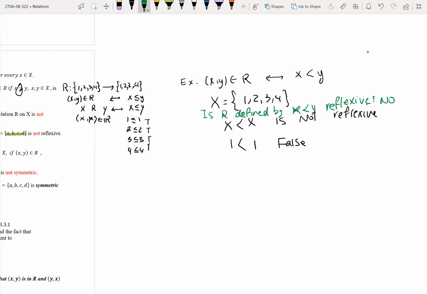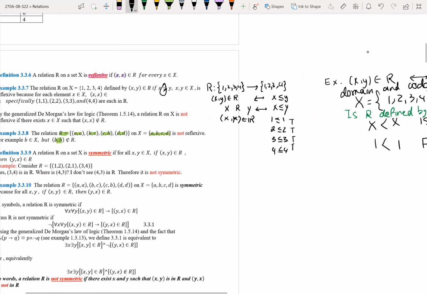I'm just a little bit confused because it says the ordered pair X, Y, but I don't see Y at all. What do you see? I don't see the set Y. Oh yeah, as I just mentioned, the domain and codomain are the same as in the example right over here.